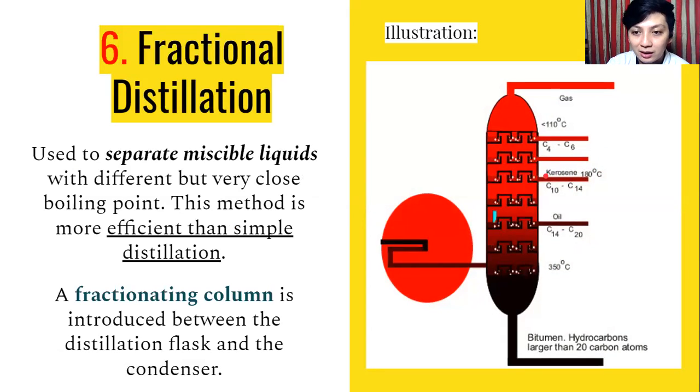We will get kerosene, and so on and so forth. So we will get different byproducts in this fractional distillation. These are all the distillation flasks, and these are the fractionating columns. So that's how fractional distillation works.